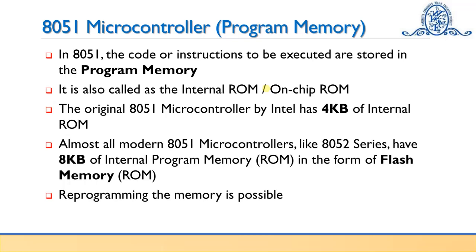Then, as I said, there is a program memory for this microcontroller. So in 8051, the code or the instructions to be executed are stored in the program memory. It is also called the internal ROM or the on-chip ROM.